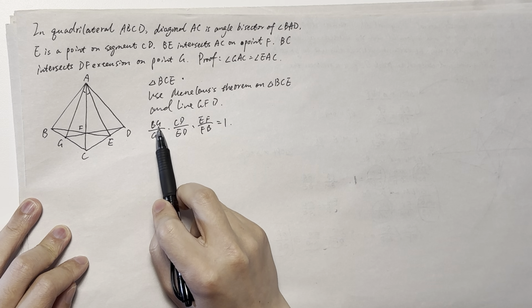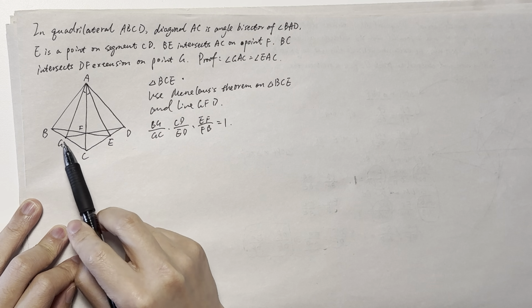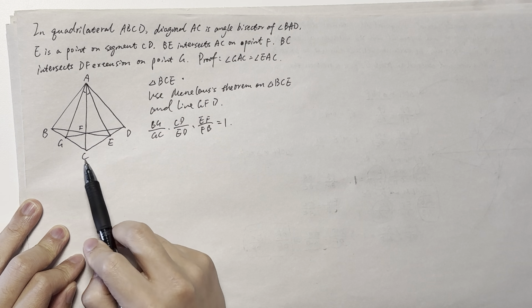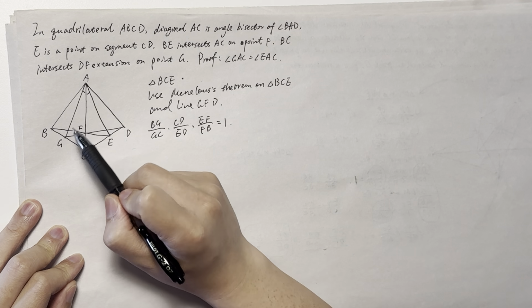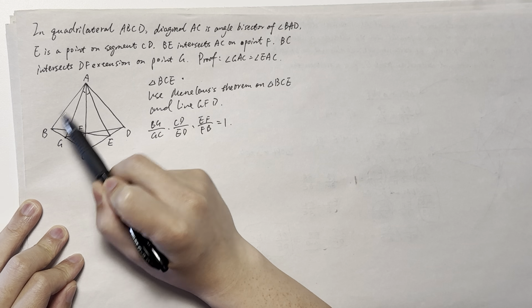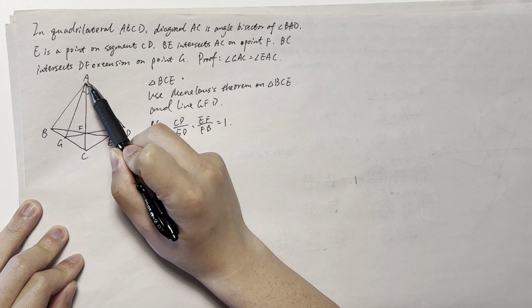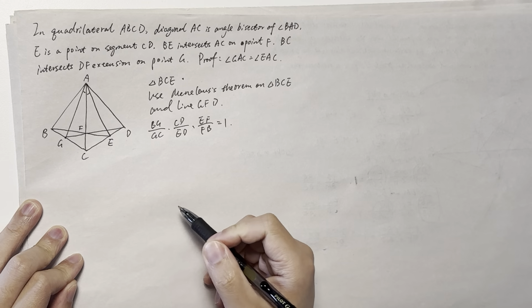If we look at one term, BG divided by GC, this ratio can be related to the area of triangle ABG and triangle AGC.